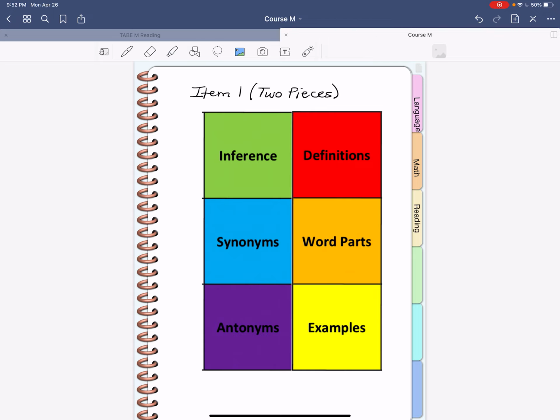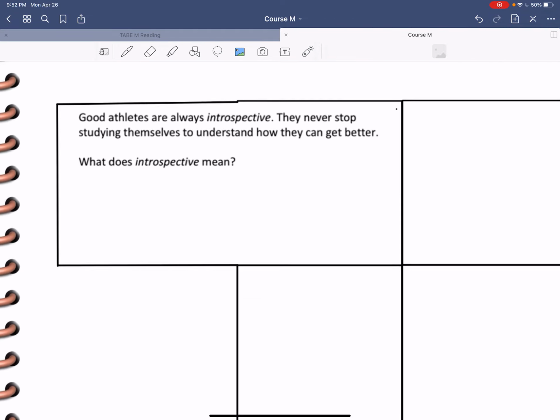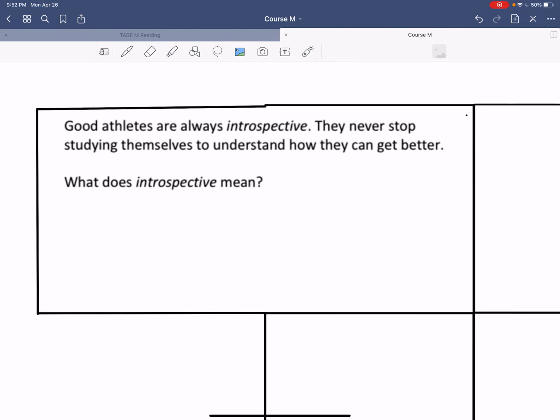So I'm going to start with this green one, and that one is called inference. So if you open up the inference door, this is the example that I have used. And this comes from the TABE Tutor textbook. So if your teacher is having you work from that textbook, you will see this in there.